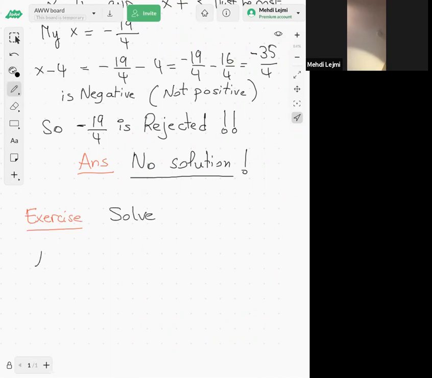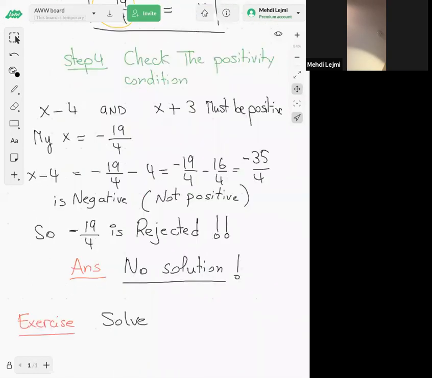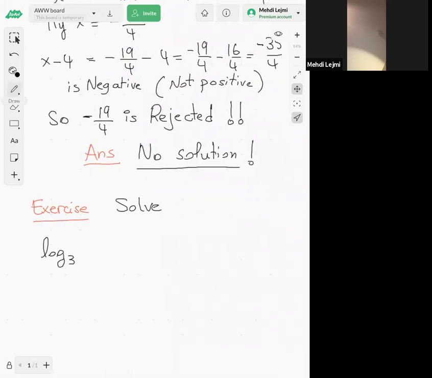Let's see, log in base 3 of x plus 2 minus log in base 3 of x minus 4 equals 2. Okay, so let's say you have 5 minutes, guys, to think about this exercise. Please try to solve this logarithmic equation.